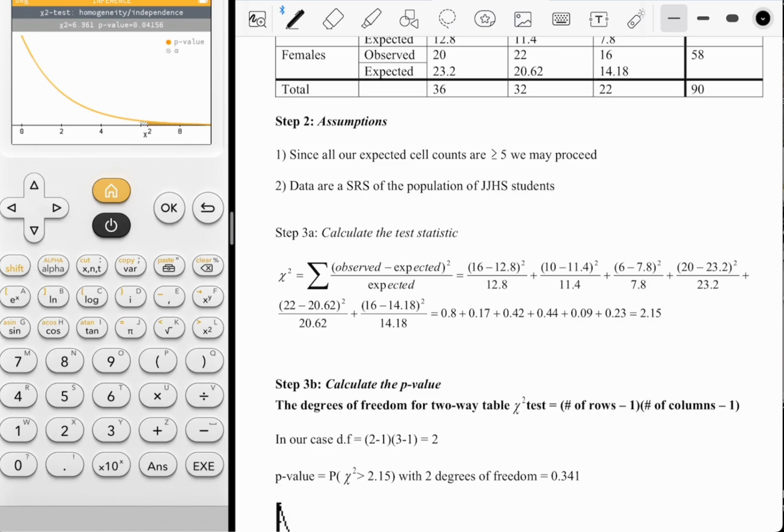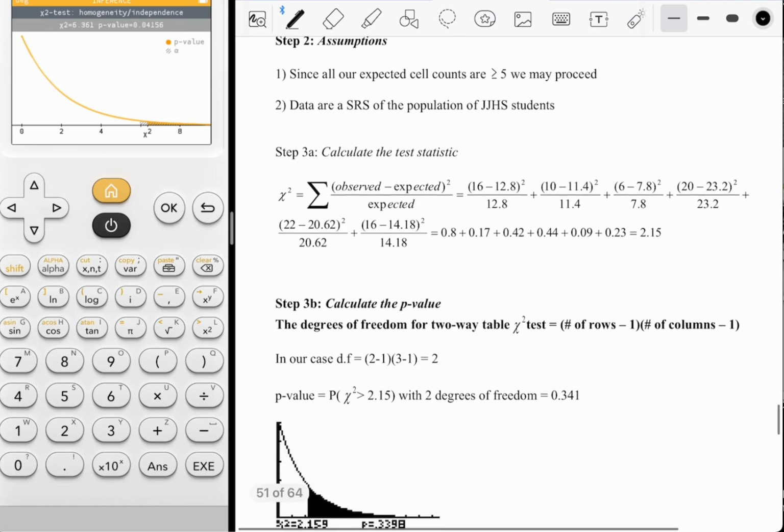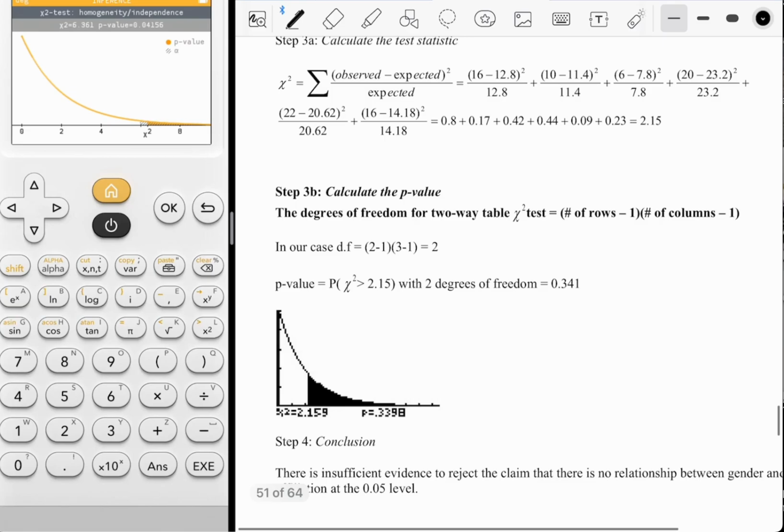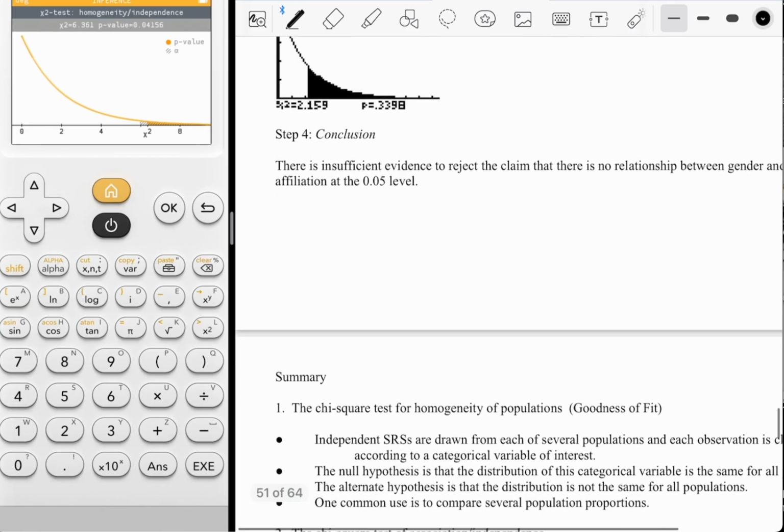There's 1, 2, 3, 4, 5, 6 separate computations. What we're going to do is what we did yesterday, and again, if you weren't here, you'll pick up on this, but we're going to do 1, 2, skip a few right to the end. We're just going to set it up and then let the calculator do all the work for us. P-value the calculator is going to give us. We just care about the notation. We'll get to that, and then the conclusion.